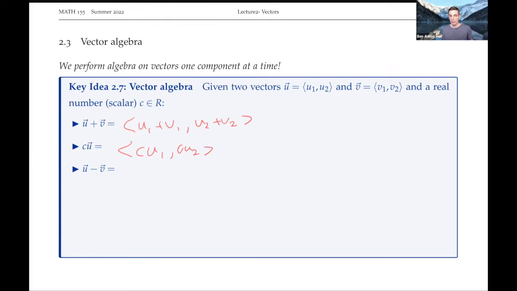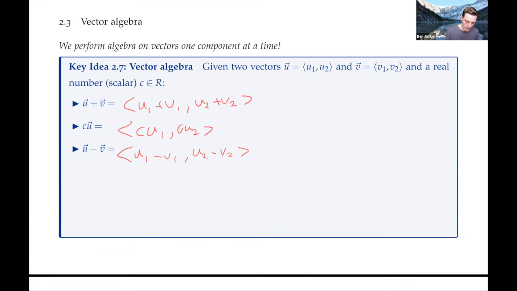And then if we do u minus v, well, this is the same as multiplying v by minus 1 and then adding them together. So we now have u1 minus v1 and u2 minus v2. So this is all very straightforward.